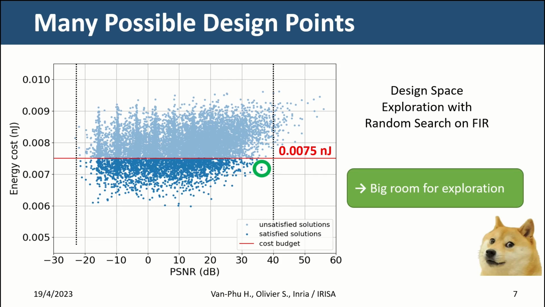And you can see here there is a large set of solutions that consume the same amount of energy as the cost budget, but result in significantly different output quality, ranging from minus 20 dB to 40 dB as the accuracy. So this is a big room for exploration. For example, here the point circled in green could be the solution we want to find.